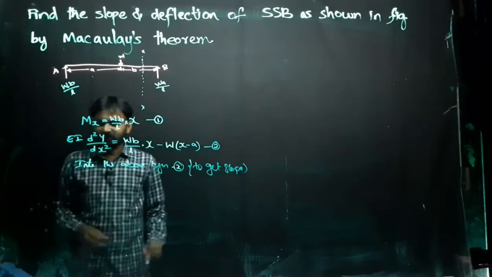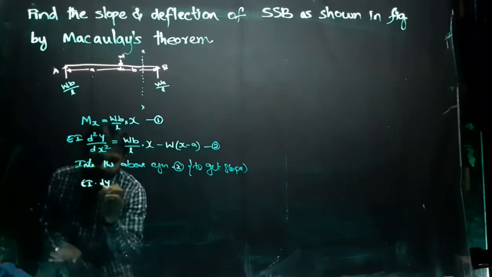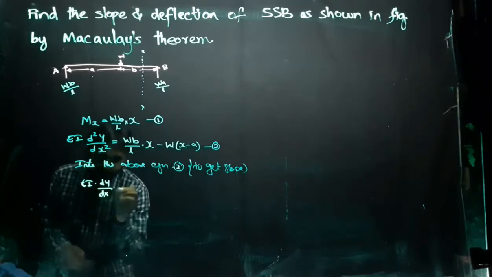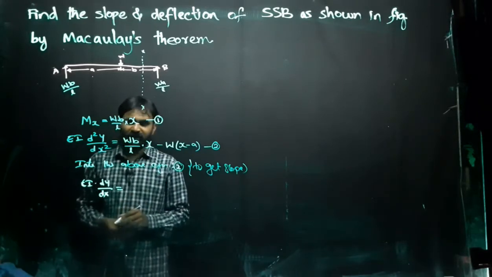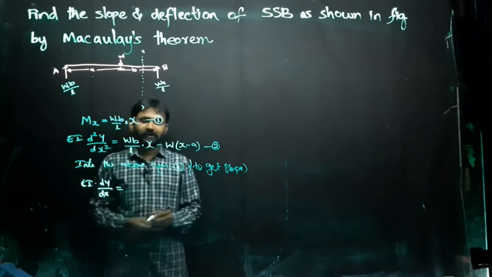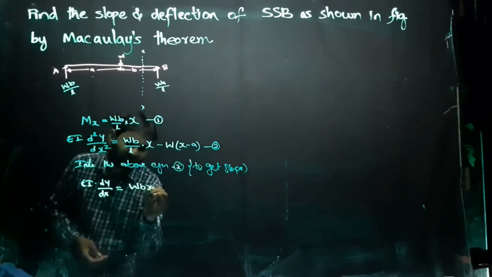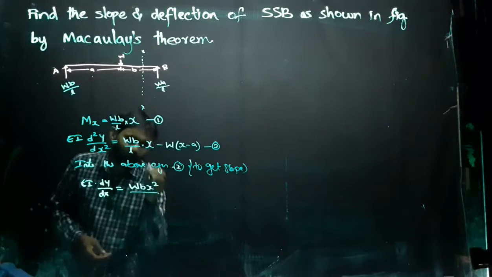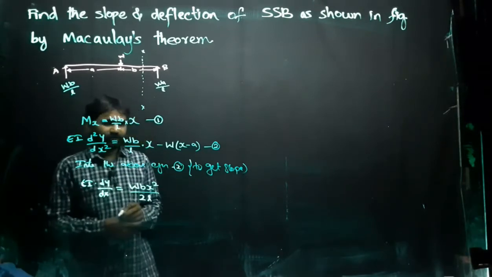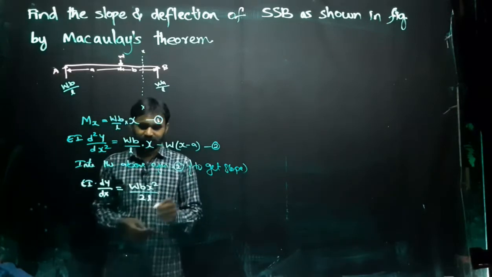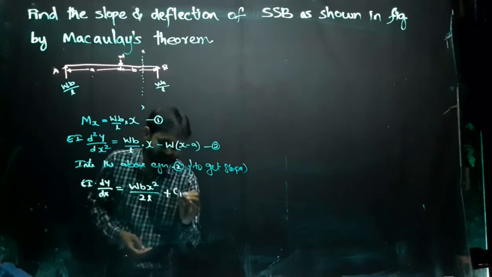EI d square y by dx square, that is EI into dy by dx is equal to, now let us find the integration of WB by L into x, which will be WB x square by 2L, plus a constant C1.